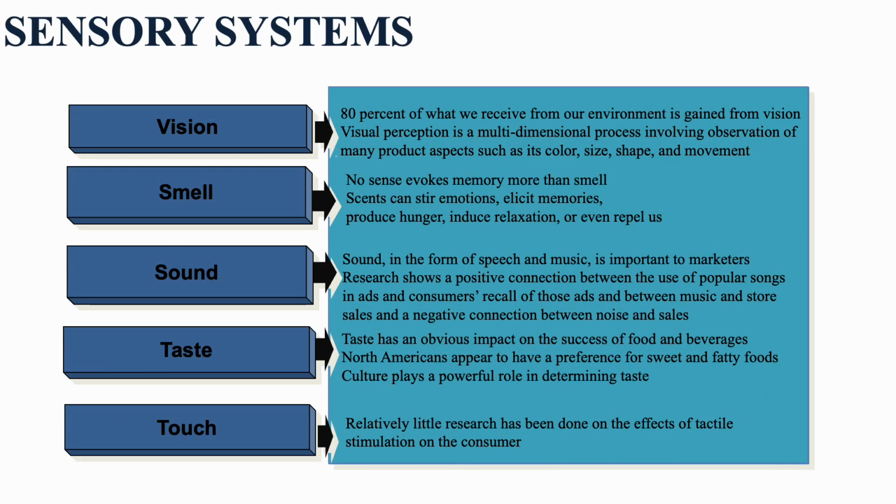In one of the first slides, we talked about the fact that to be exposed to something, our senses have to pick that something up, right? So exposure first starts with our senses and our sensory systems. I'll talk a little bit about each of our sensory systems. The first, vision. What's really interesting about vision is that 80% of what we receive from our environment is gained from vision.